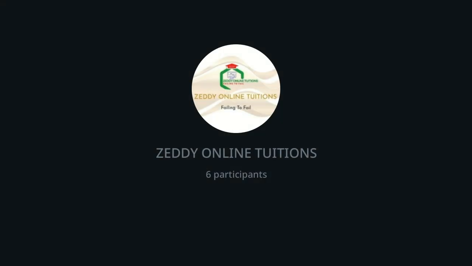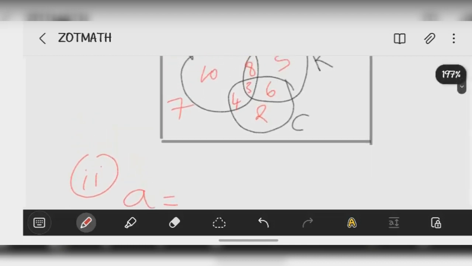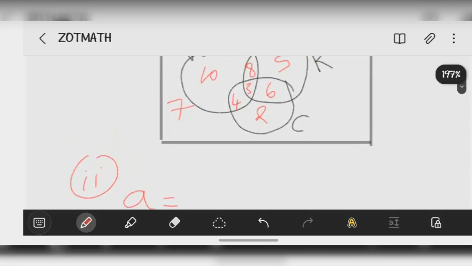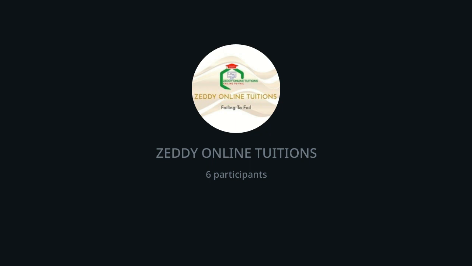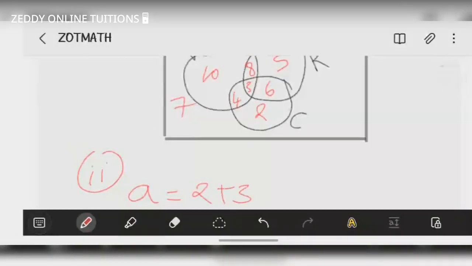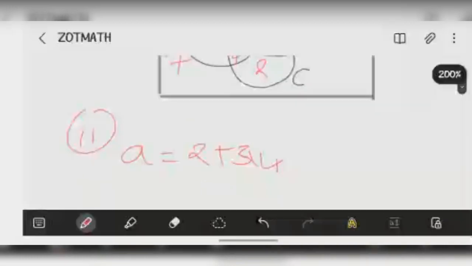Question, this part now, part 2 now. A, how many people are in this locality? Okay, how many people? So what we need is just to add everything. Okay, we are going to add. Let's start by 2 plus, which number is next? 3. Which number is next? We have a 4. Yes, we have. Do we have a 5?